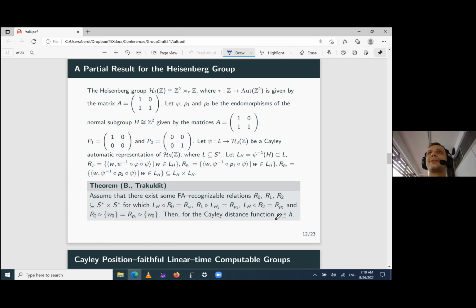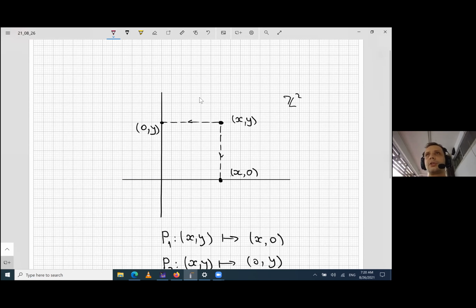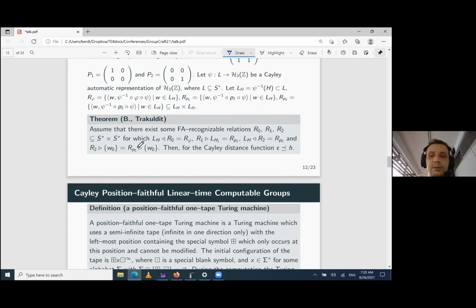So it was just an attempt, but it didn't work. Actually, I do not know any Cayley automatic representation of the Heisenberg group at the moment that violates this natural property, that these projections are finite automata recognizable. So I still do not know how to construct such a weird Cayley automatic representation of the Heisenberg group.